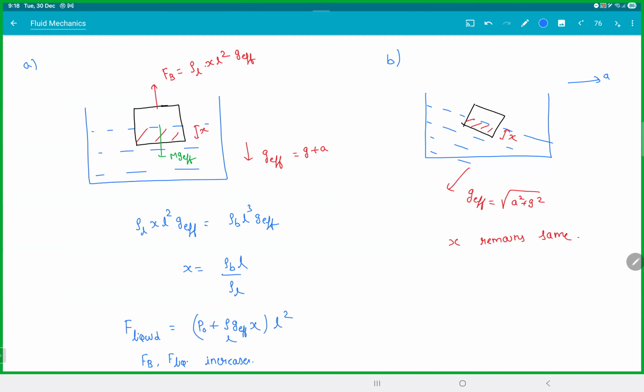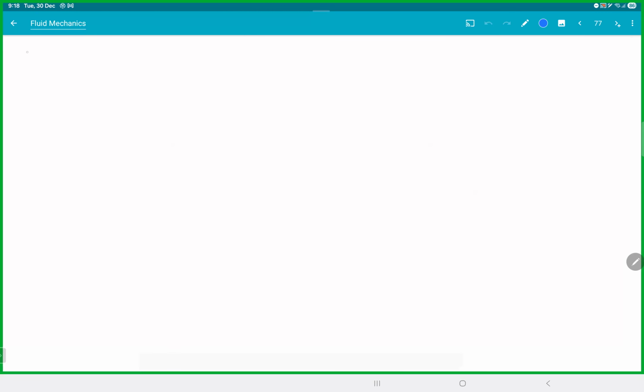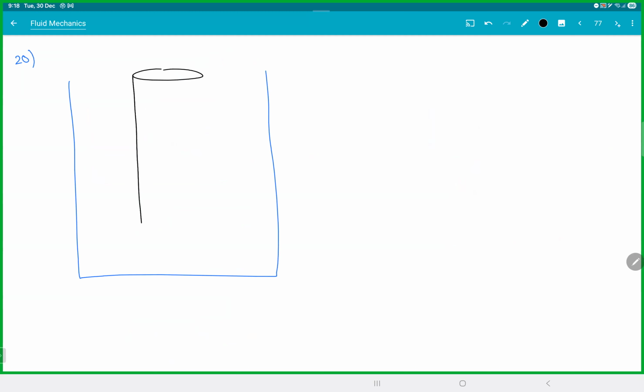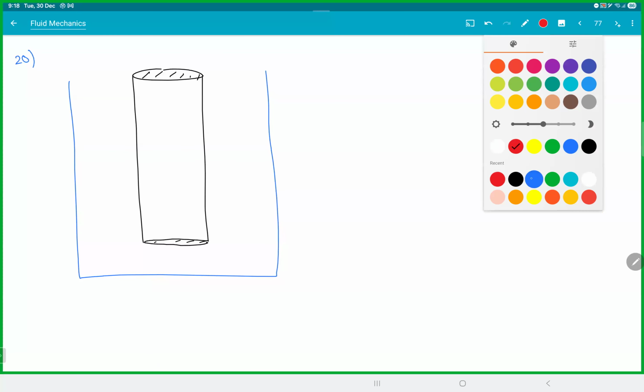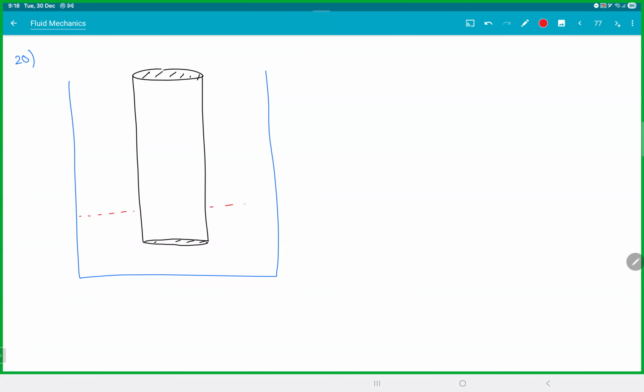Next thing. Let's say we have a container. We have a cylinder here. This is filled with the liquid rho 1.